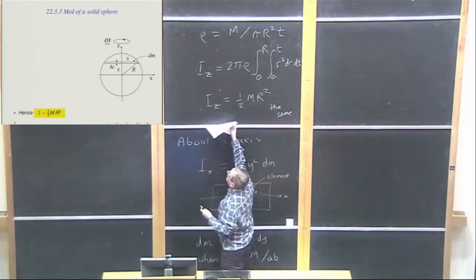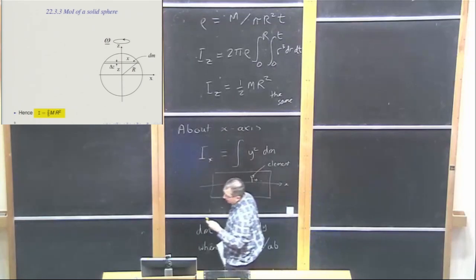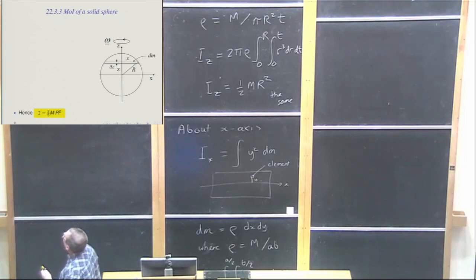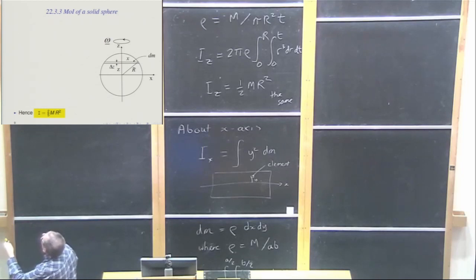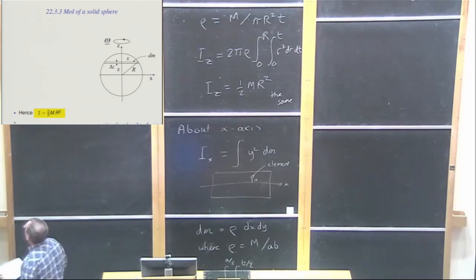To do this we can be lazy and make use of the work we have just expended, because the sphere can be seen as being made up of a succession of disks. So here's one disk drawn, and you can imagine adding up more and more. We know what the moment of inertia of each of these elemental disks is, so we just have to sum those up.